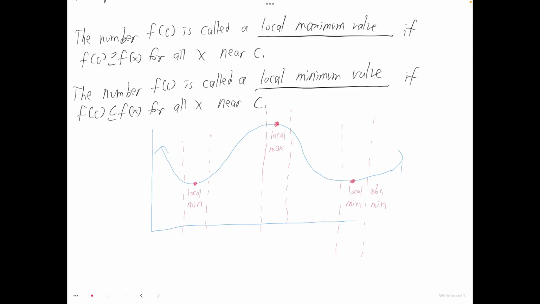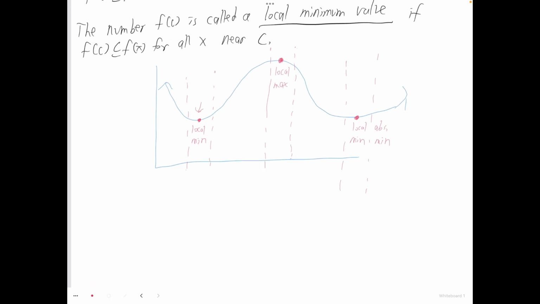So you can have a local min be an absolute min, and a local max could be an absolute max, but they do not have to be. Kind of like at this point right here, this is a local min, but it's not the global min. It looks like they're about level, but this point here is supposed to be lower.